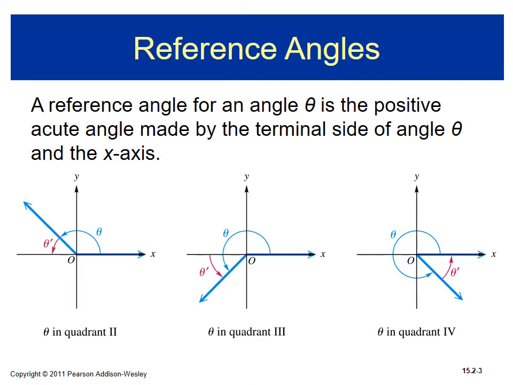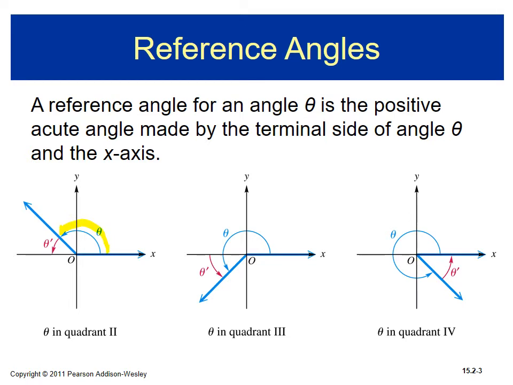So a reference angle for an angle theta is the positive acute angle made by the terminal side of angle theta and the x-axis. So if we look at this first example here, here's the angle that we are given, theta.